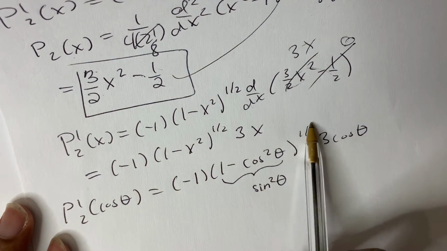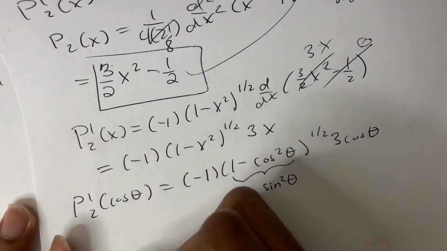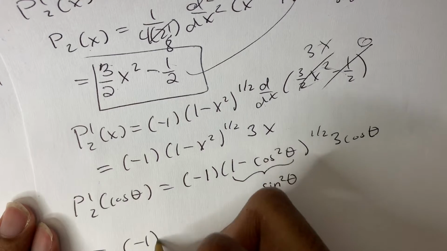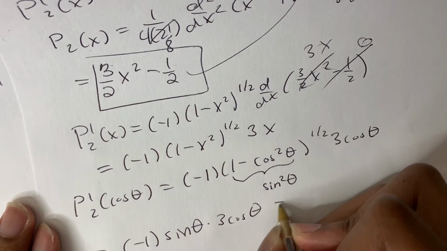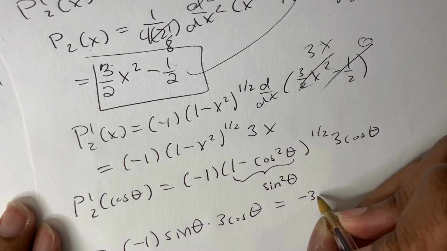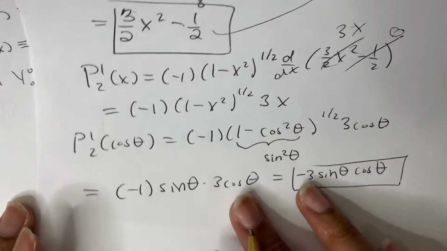So now we have the square root of sine squared theta, which is going to be sine theta. So you have minus 1 times sine theta times 3 cosine theta, or just minus 3 sine theta cosine theta. That's going to be P12.